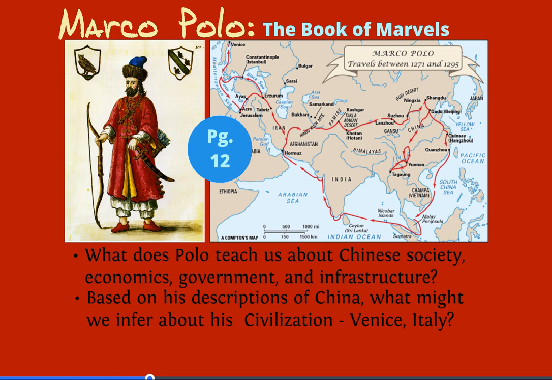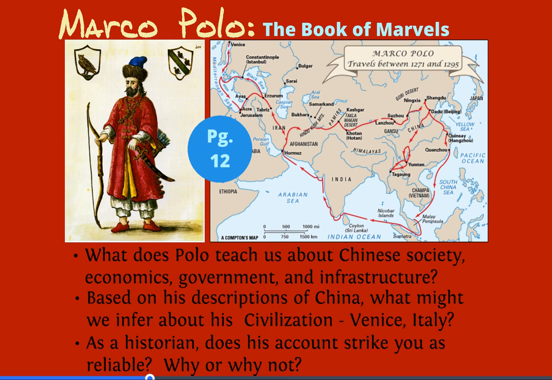So what are the things that he's really marveling at, and what does that tell us about the world he lives in? And also, thinking about this account from a historical lens, does it strike you as reliable? Why or why not? This is a question that you're going to come back to at the end of class tomorrow after you've done more learning about China on the Silk Roads.